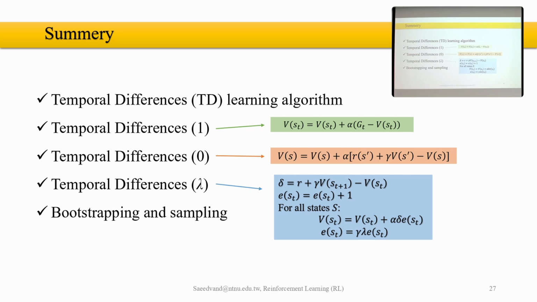Then we calculated the delta, the temporal difference, and used the eligibility trace to update the value, and the decay of the eligibility trace over time helps us implement the technique.